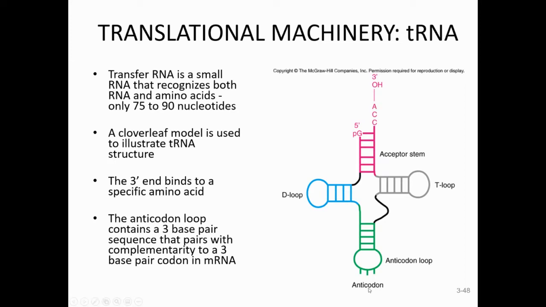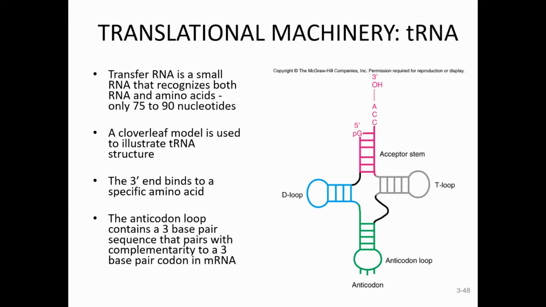The anticodon loop, right? You see this anticodon, so this is 5' to 3'. Therefore, the codon on the messenger RNA will be read from here, 5' to 3', this way. And then we also have these two different loops, and we name them after the modified base.